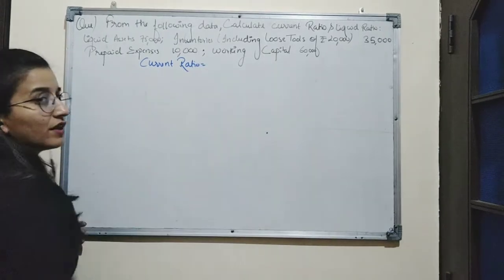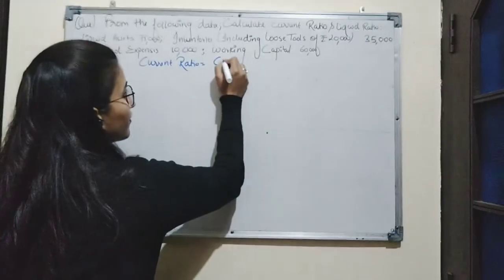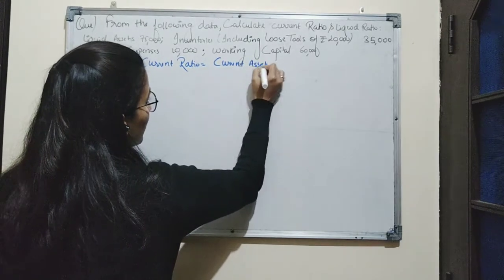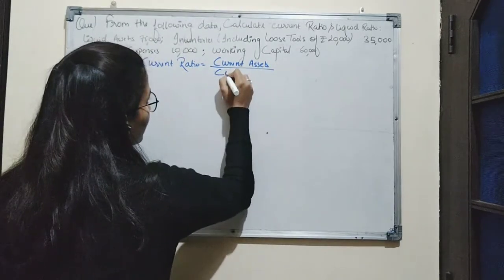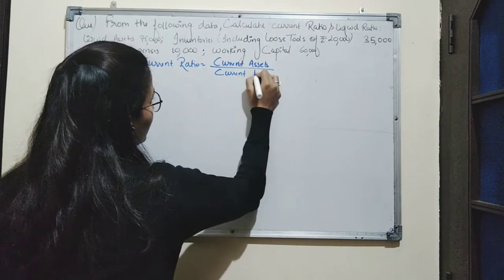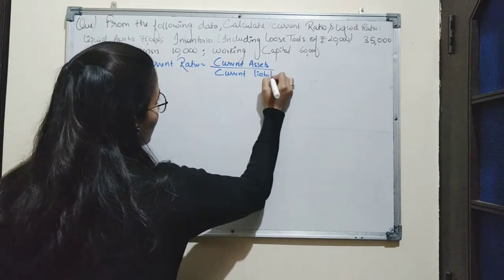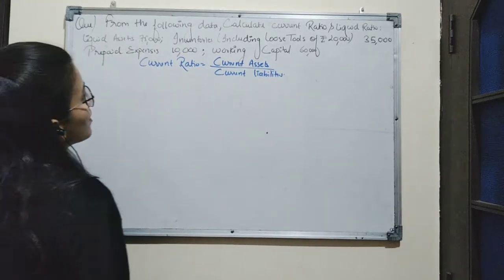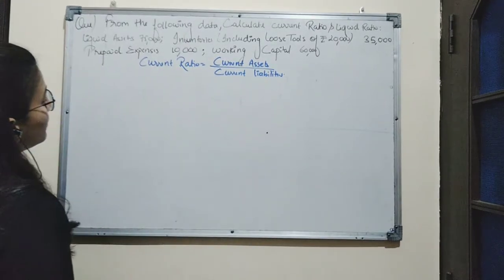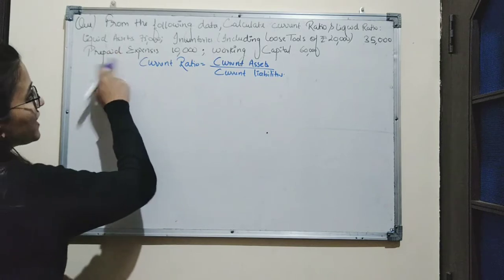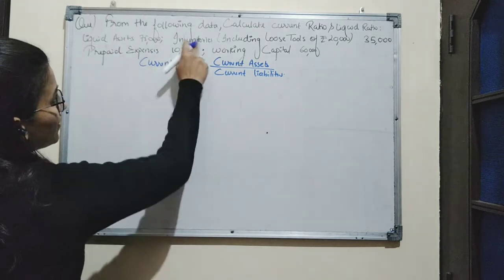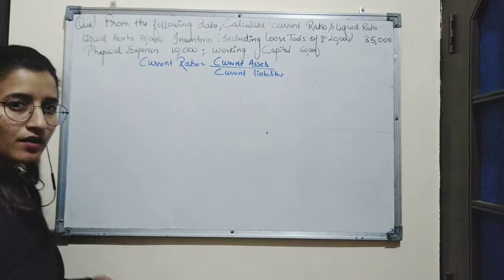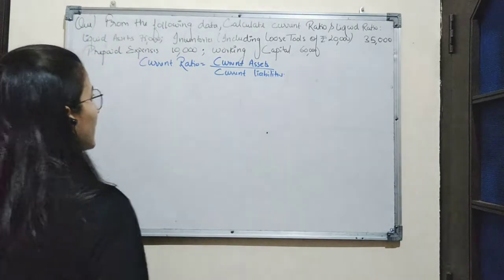So formula for calculating current ratio is current assets divided by current liabilities. So we have been given prepaid expenses, which is a current asset, inventories, which is also a current asset, and liquid asset, which is also included in current asset.